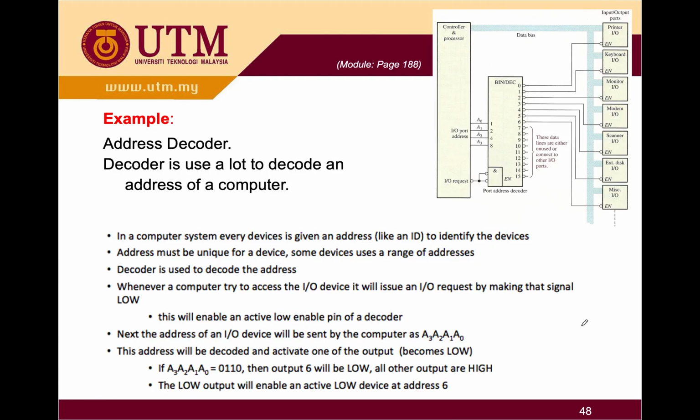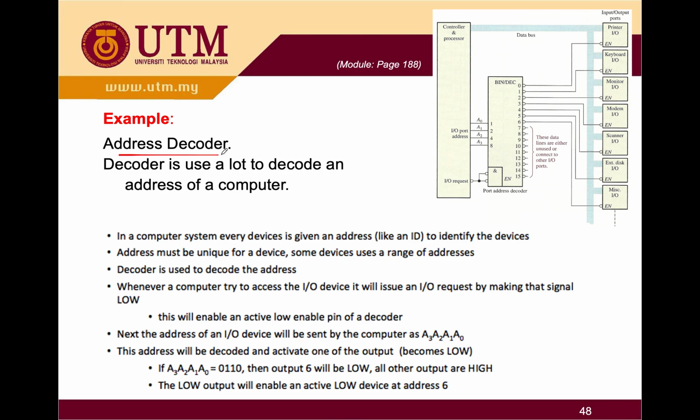Address decoder. A decoder is used a lot to decode an address of a computer. This is in your computer system, so you need to know what happens in your computer, rather than just not being able to open it. If you could open your computer, you would need to know every detail inside.